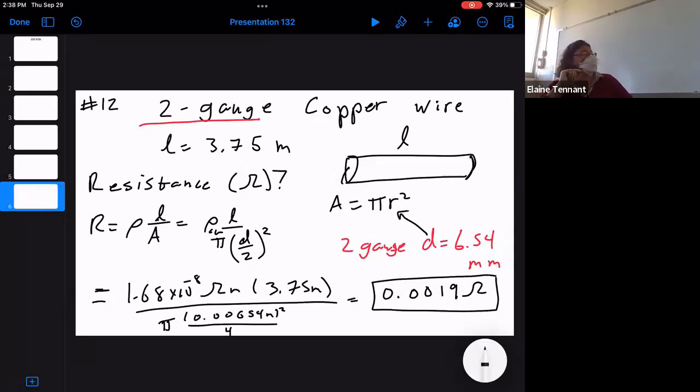However, I want you to think about this for the next 4 or 5 weeks. This 3.75 meters is about 4 meters. Think for a second about how much wiring has to go into your house. How much wiring went into this room where we have outlets and lights and whatever power source they're pulling this from?